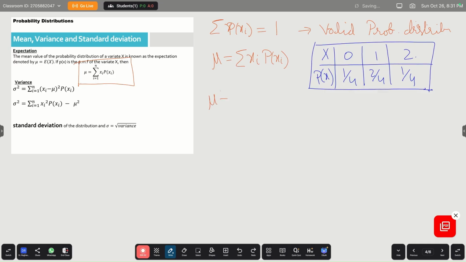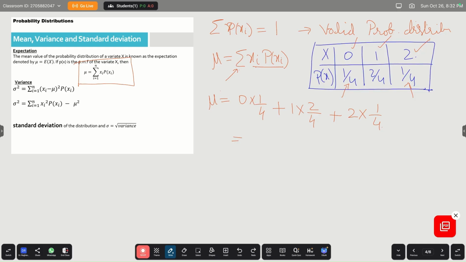The first value of x is 0. It has to be multiplied by its probability, which is 1 by 4. So 0 multiplied by 1 by 4. And we have to do the same thing for all the values of x and sum them. So 0 into 1 by 4, then 1 into 2 by 4, plus the last value of x is 2 into its probability 1 by 4.